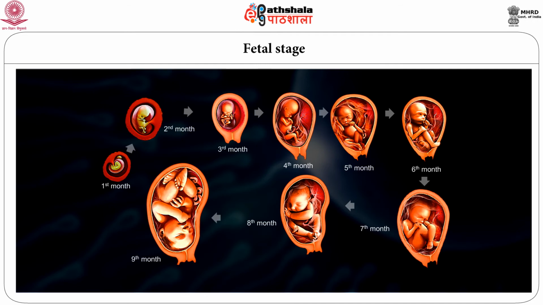And the third one is the fetal stage. This is the period of most rapid growth. From the third month until term, fetal weight increases nearly 500-fold, from 6 grams to 3000 to 3500 grams at birth.